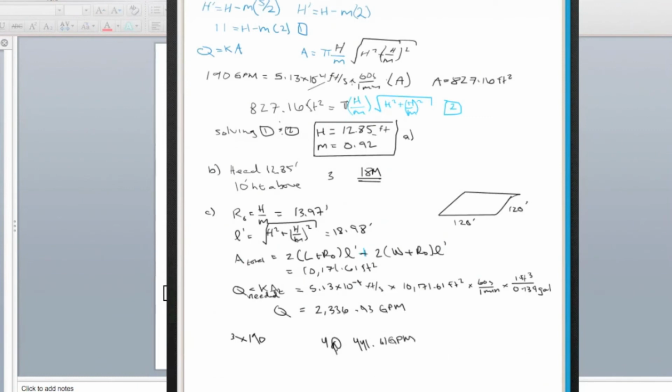So that's the additional pumps, and these are what we're going to design on the next step. Keep that number in mind.